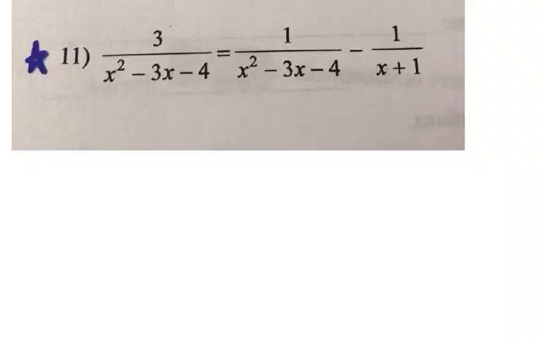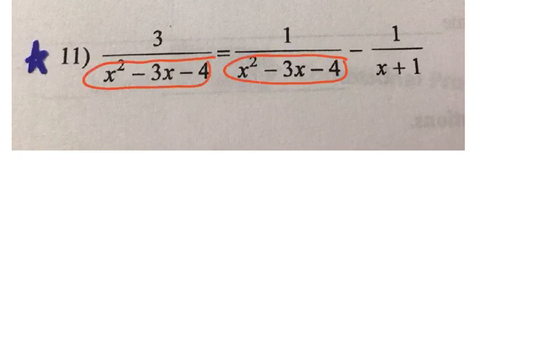Okay, let's take a look at this one here. Now, as you can tell, this one's more complex. So what you have to remember is to find the common denominator, I need to make sure all my denominators are factored so I know all their individual factored pieces. So hopefully you can see right here, I'm going to do the X method. I need a -4 for my product with this -3 for my sum.